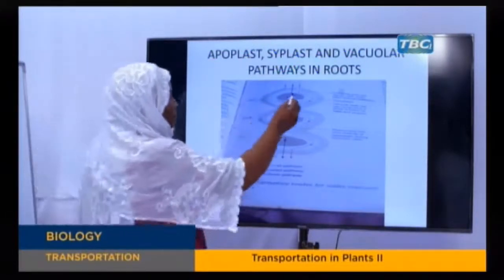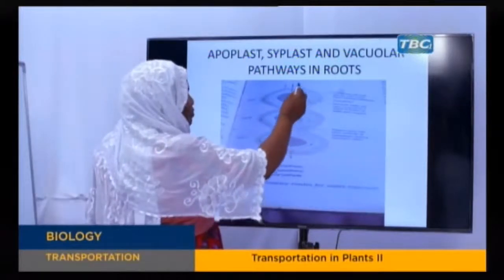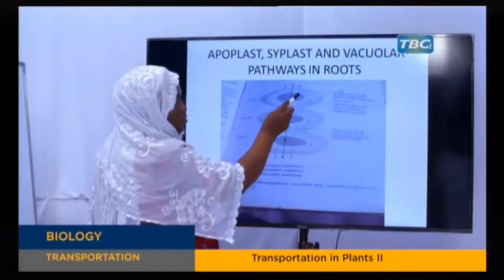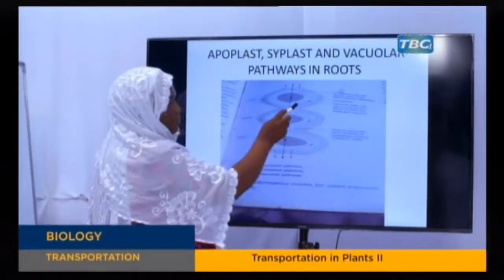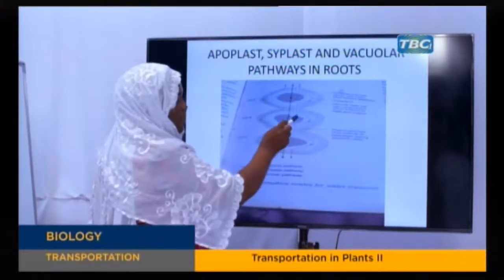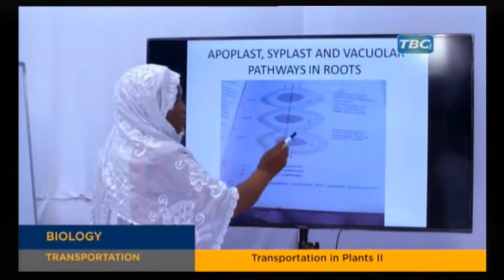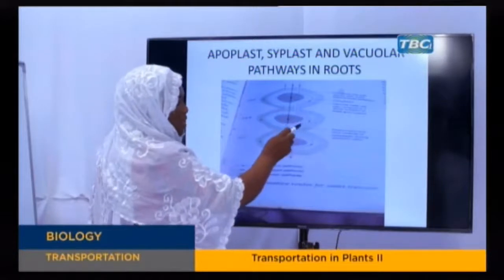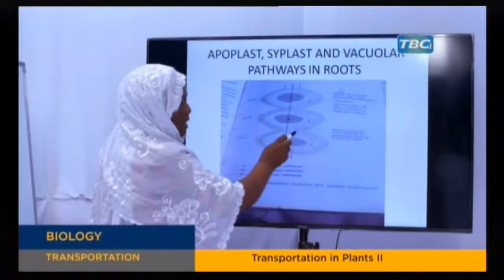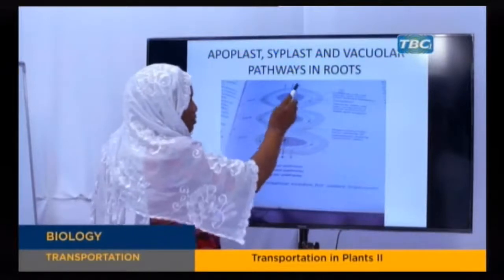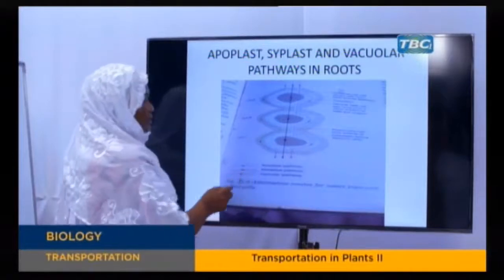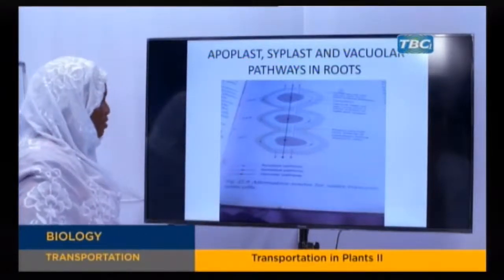And here, this one moves through the cytoplasm. It moves from one cytoplasm to the cytoplasm of another cell through plasmodesmata, from cell B to cell C. Therefore, this way is what is called the symplast pathway.